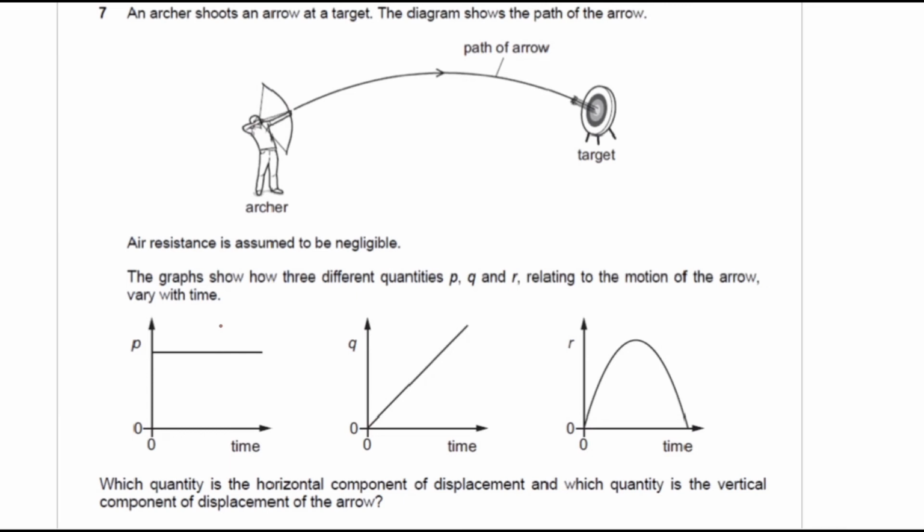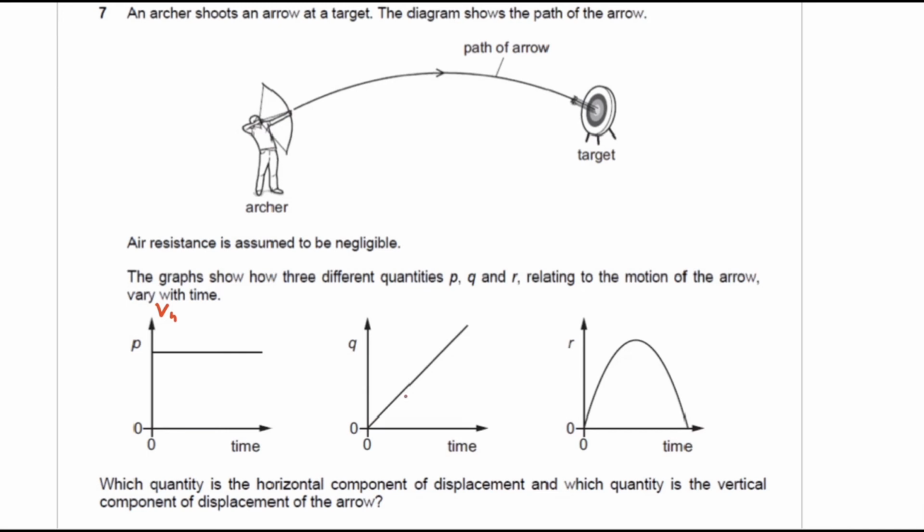Can it be constant? Of course not, because horizontally it is going forward. The displacement is getting greater and greater. Vertically it is going up and then going down. So it cannot be constant. The constant here is actually the velocity, horizontal velocity. Horizontal velocity is constant. So this one is out.